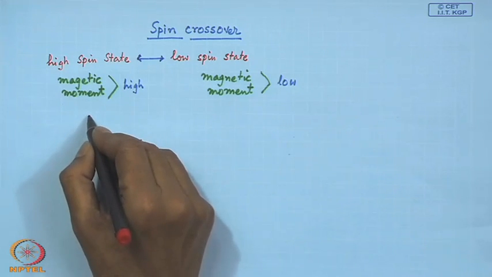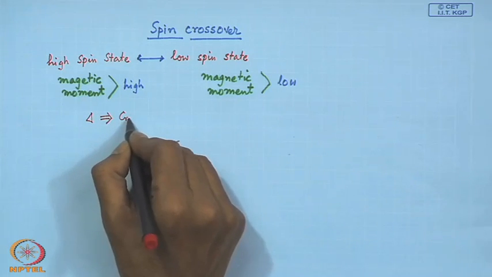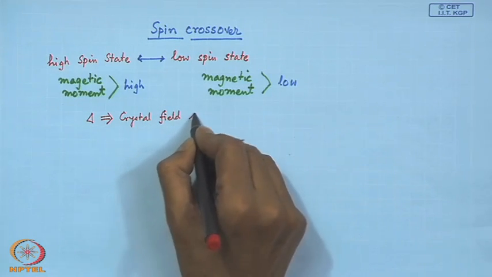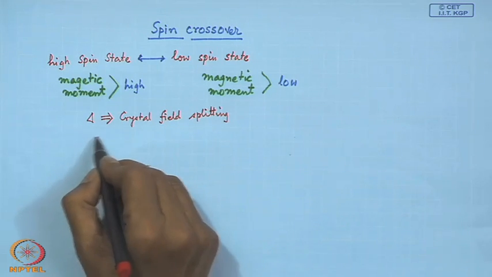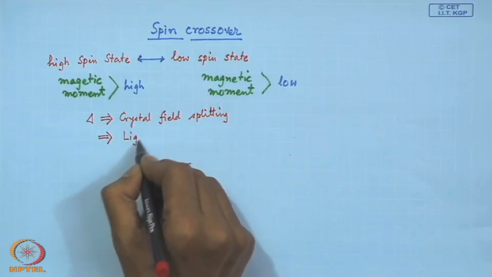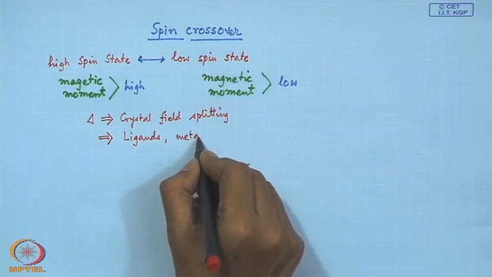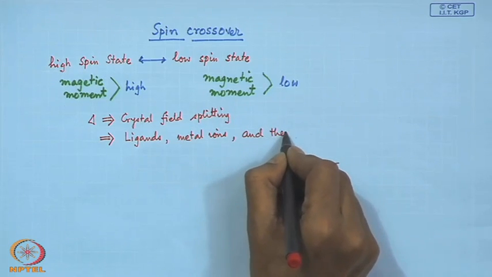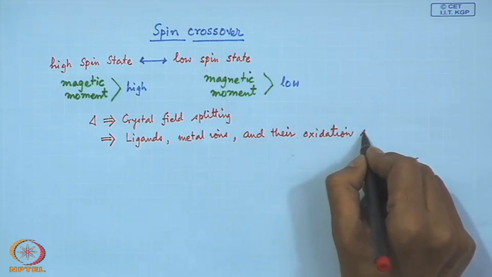It can be dependent on the crystal field splitting, and also the corresponding different nature of the ligands, as well as the metal ions and their oxidation states.